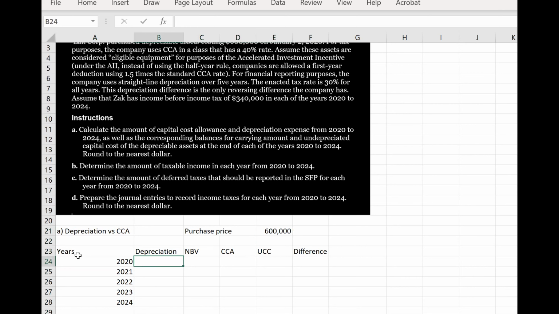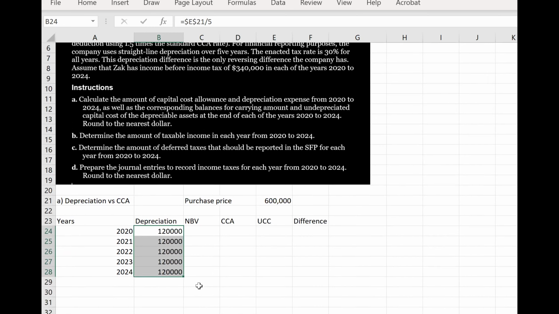So our depreciation is simply going to be $600,000 divided by 5, because we're assuming there's no residual value, as we're told there isn't one, and it's straight line depreciation over 5 years. So we can just drag that down.